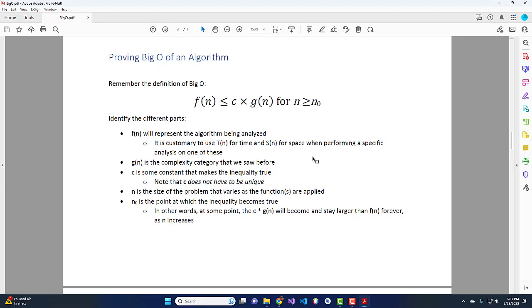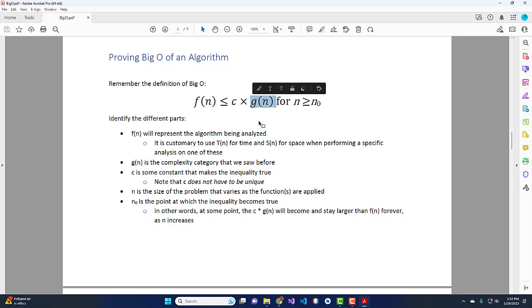G of n, on the other hand, is going to be the complexity category that we saw before. C is some constant that is going to make this g of n true. For example, if I had n squared on this side and I had n squared on that side, that would generally be true, but there may be a situation where you have 2n squared on this side and just n squared on this side because that's one of the g of n's.